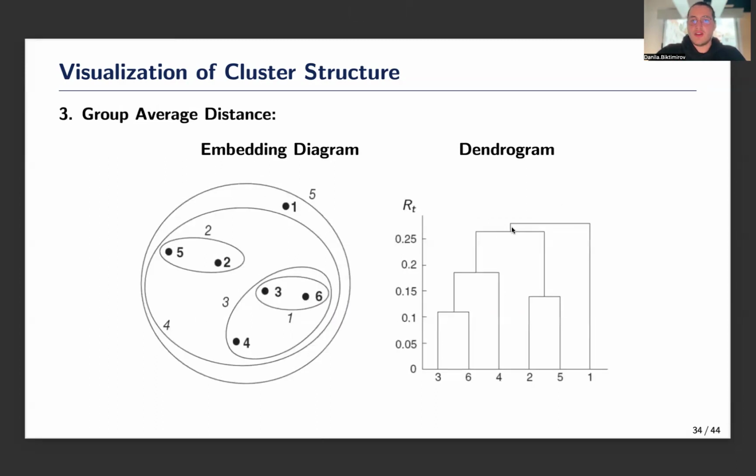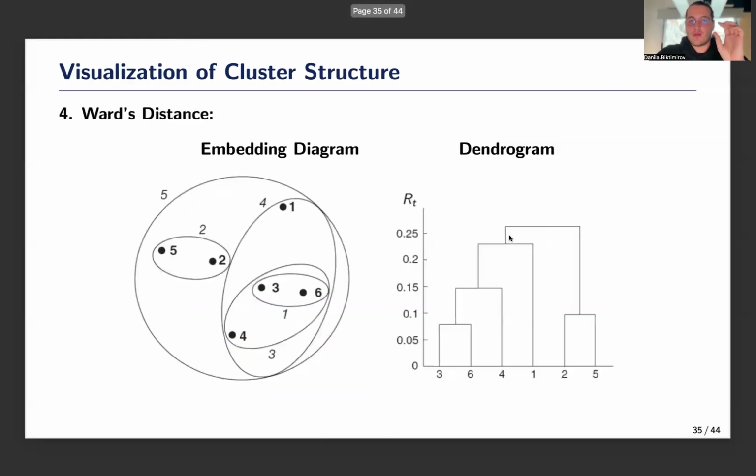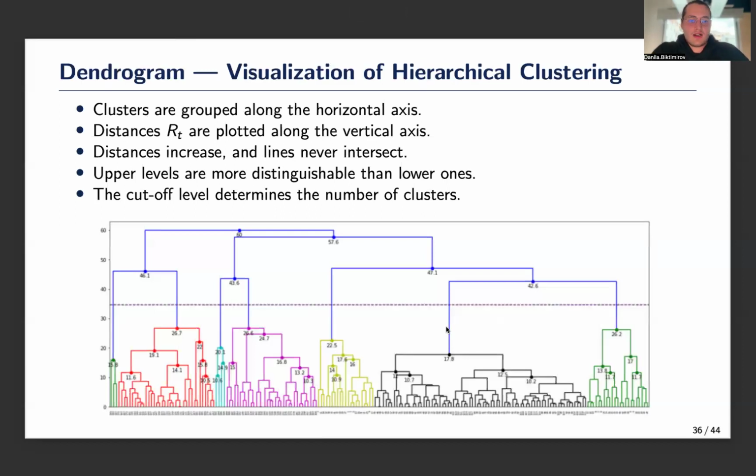We can see the distance difference between one and the cluster that includes 3, 6, 4, 2, 5 is just a little, while for worst distance it's way bigger. It's just simpler and better.